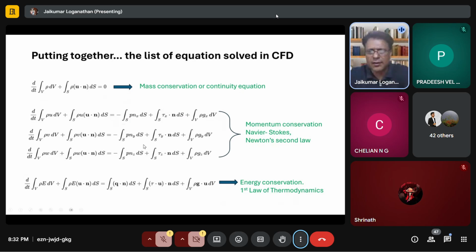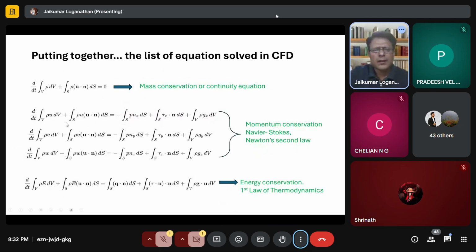The J.D. Anderson book has a very nice derivation, and you can correlate why the equation looks the way it does when you go through those equations. Any questions? I'll take a pause here. If there are any questions, I can answer that. Otherwise, I'll go to the next slide.